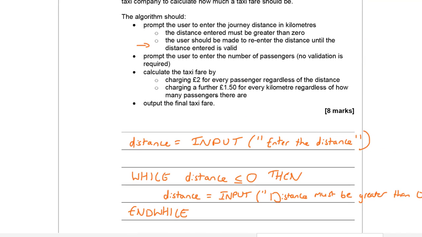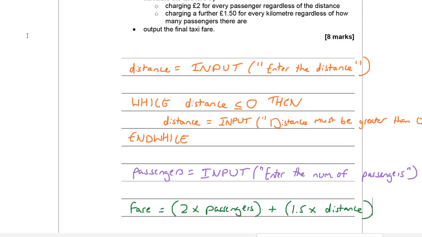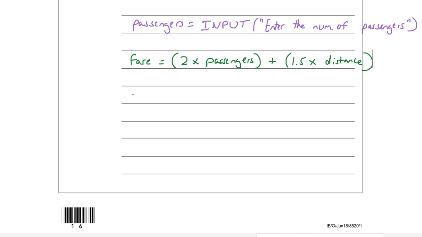It's £1.50 for every kilometre regardless of how many passengers. So this is like a separate clause. So £1.50, 1.5 times distance. And now we need to actually output this. So let's just say output fare. And that gives us our answer.